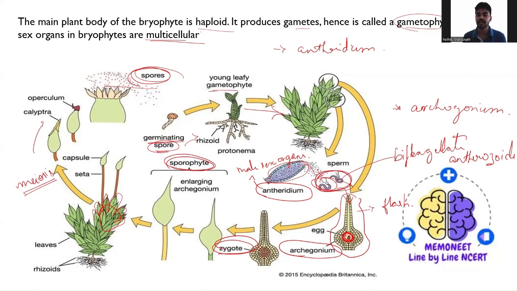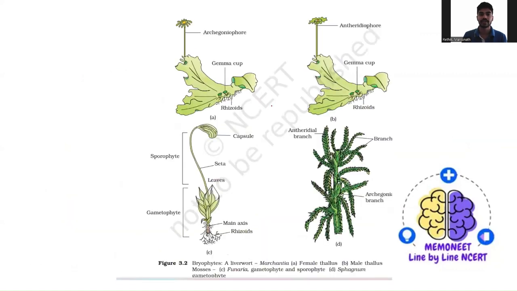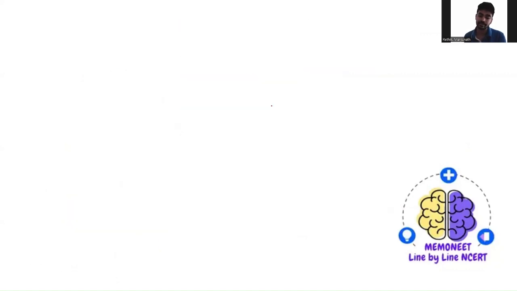I hope the life cycle is clear with the bryophytes. So what is the economic importance of the bryophytes? Some mosses provide food for herbivorous mammals, birds and other animals.